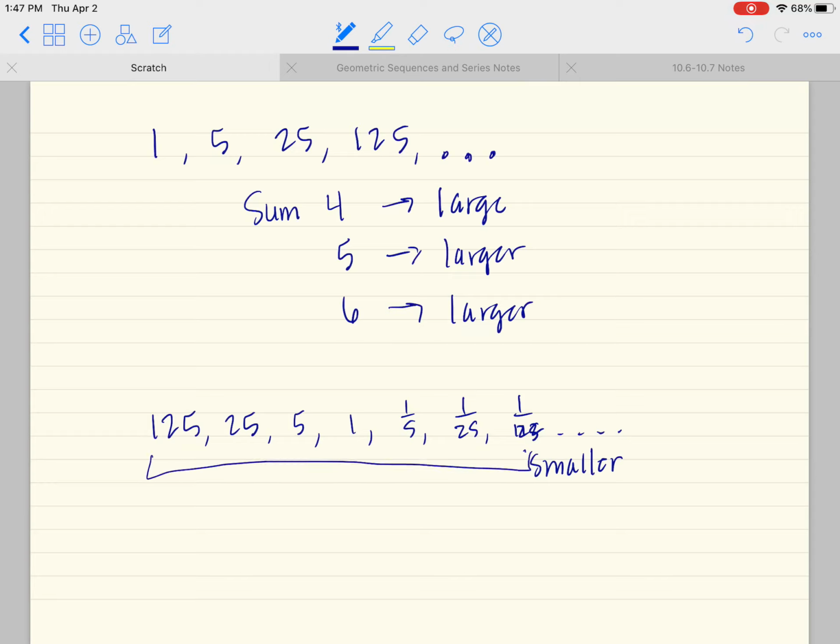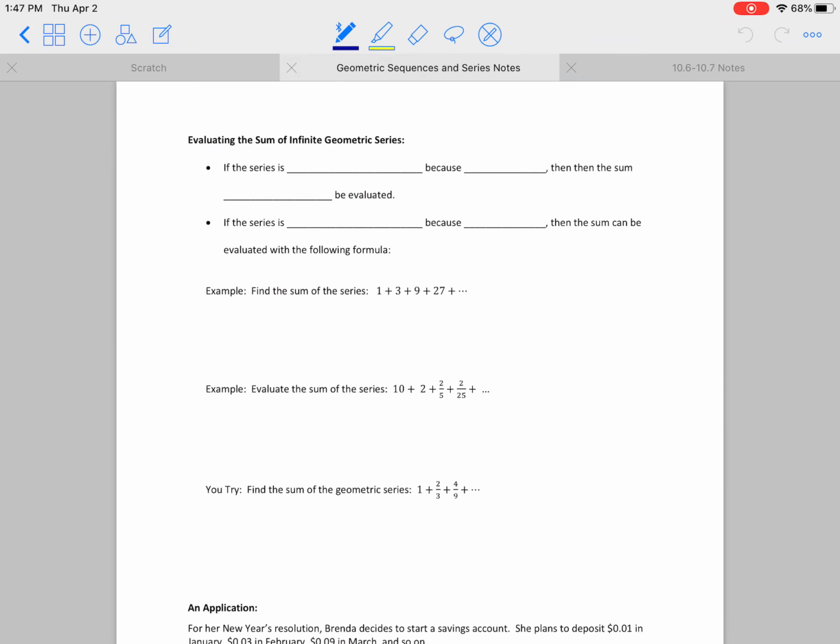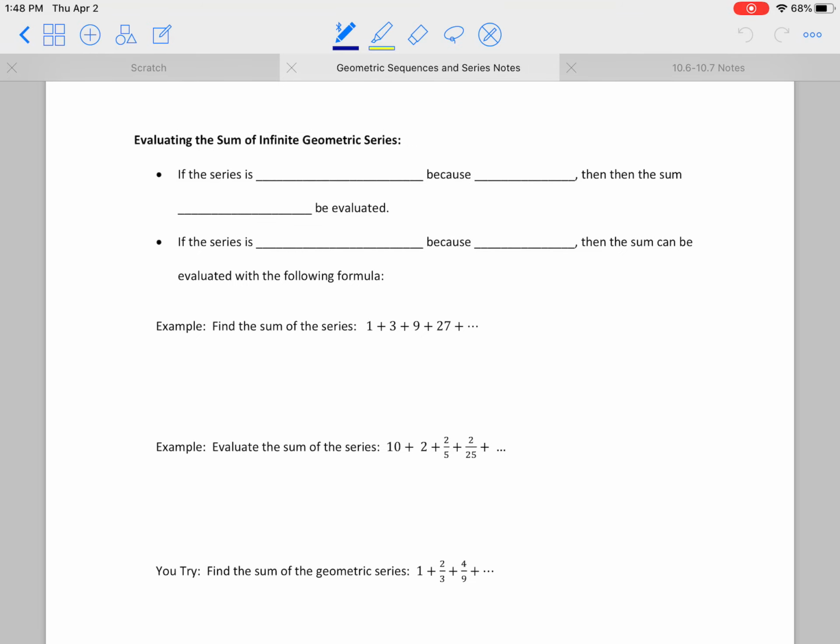So if the fraction gets smaller and smaller, it has less and less of an impact on the sum. So what's going to happen is the sum of this type of series, even though it's going to continue on forever, the fractions that we add way out here aren't going to impact the overall result. So we would say that this sum is going to converge to some specific number, and we can calculate what that specific number is. Okay?